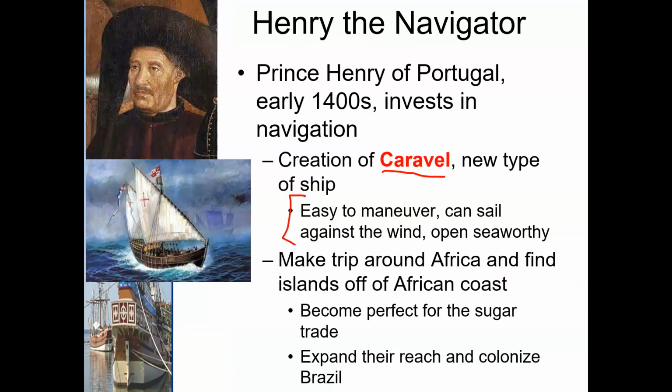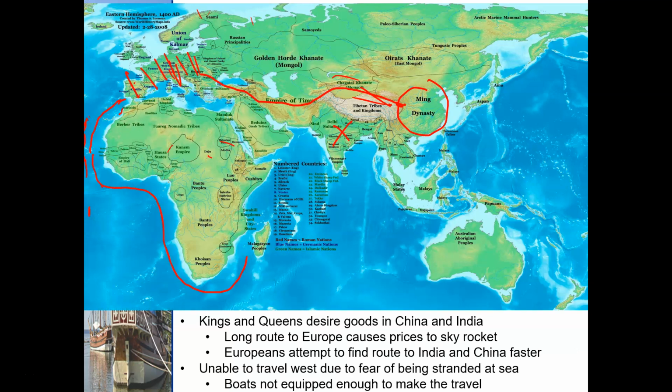Now, let me explain something to you when I look at this map. There's a misconception that a lot of Europeans thought that the world was flat. That's actually not true. The Greeks actually found out that the world was round, and Europeans knew that the world was round. The problem is that they didn't think there was any land out here. They thought it was open sea, right?